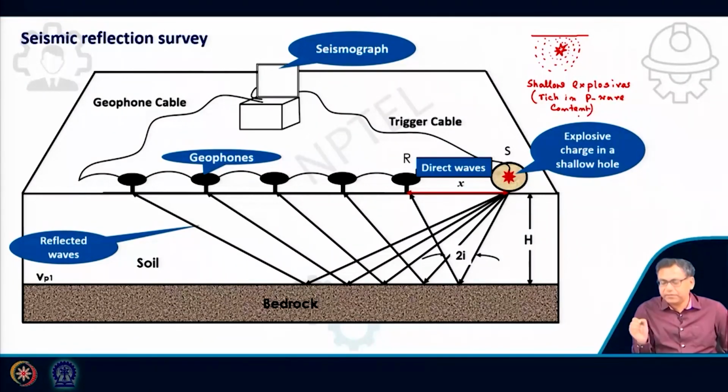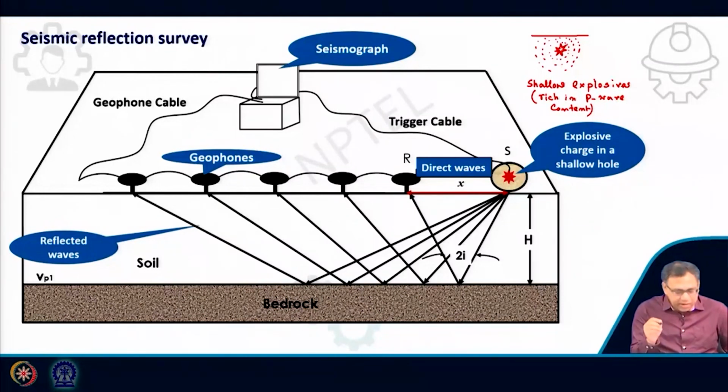That means if I generate the wave in this form by conducting a shallow explosion, then the wave that will be generated will be rich in P wave content.